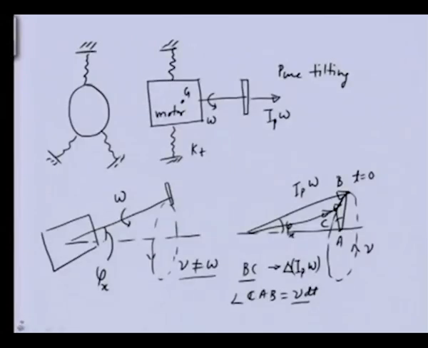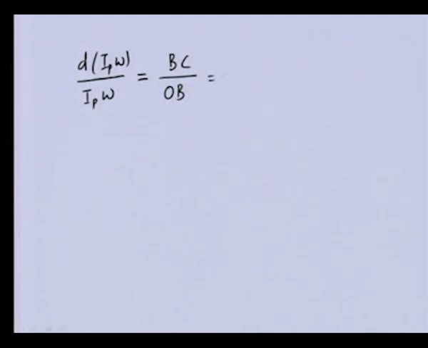Let us say we write the change in the angular momentum with respect to the angular momentum. In the previous figure, the change in angular momentum was BC and the angular momentum was OB. O is this one. From here to B is the angular momentum and BC is the change in angular momentum. So this can be written as BC by AB and AB by OB.